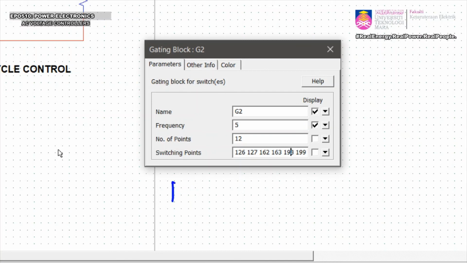Just now I did mention to you, you have 0, you have 18, then you have 54, then you have another 90 degree, and then you have 126, and then 126 plus 36, 162, and finally 198. Right? So this is the firing for thyristor 2.